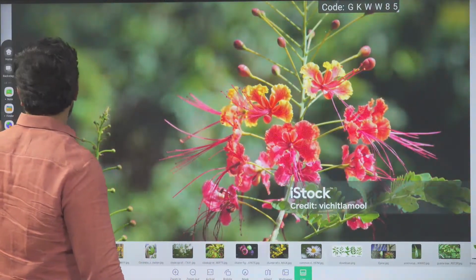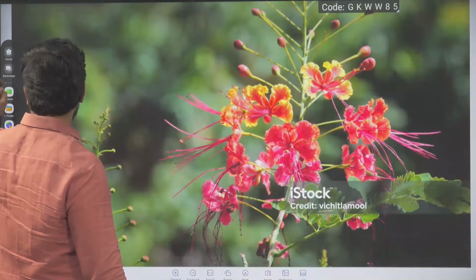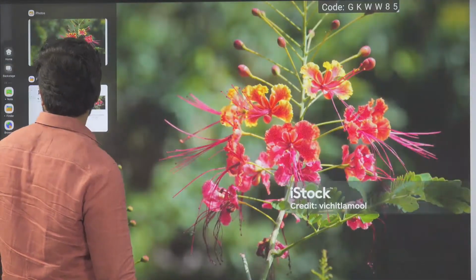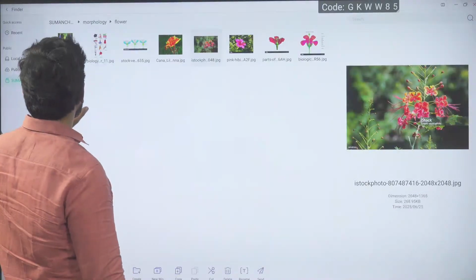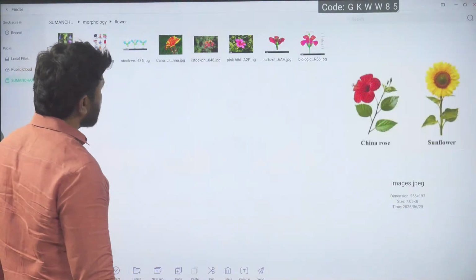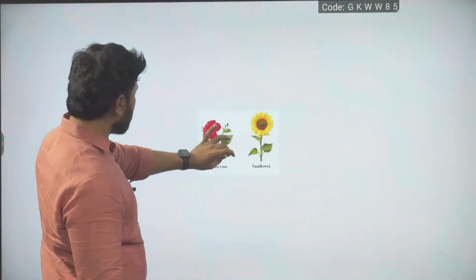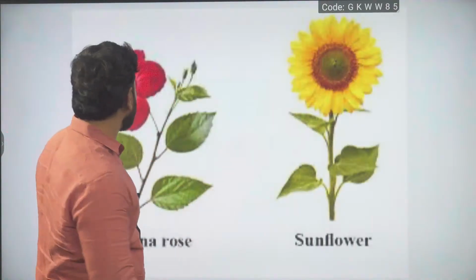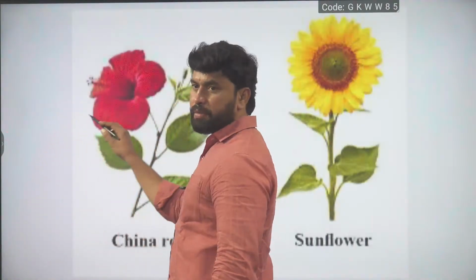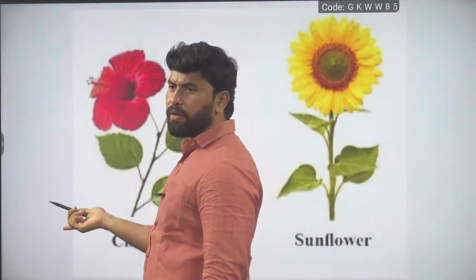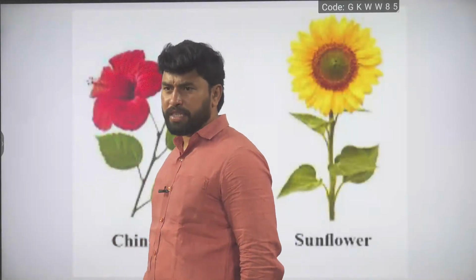This is the irregular flowers, regular flowers. Let me show you that one also. This is hibiscus, Hibiscus rosa-sinensis. This is the flower that is exhibiting actinomorphic symmetry. You can make it into two equal parts in any plane that is passing through the center.